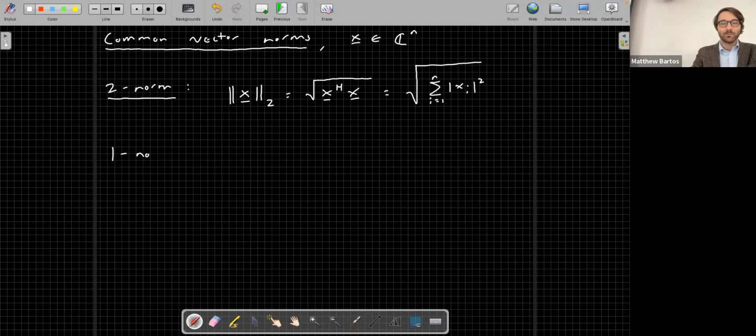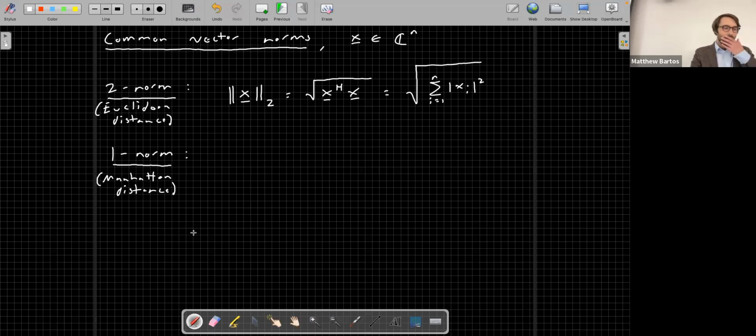Another common norm is the 1 norm. This is also called the Manhattan distance. The 2 norm is also called the Euclidean distance. And the 1 norm of some vector x is simply equal to the sum of the absolute value of the components of x from i equals 1 through n.